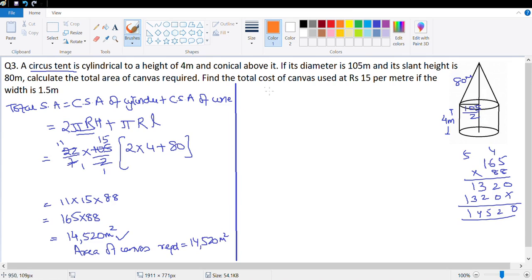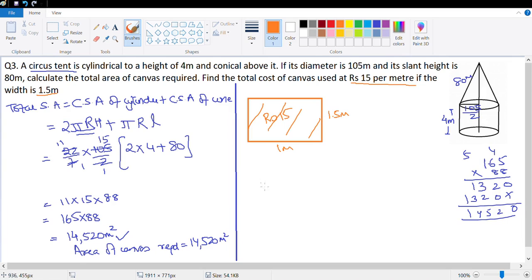Find the total cost of canvas used at rupees 15 per meter if the width is 1.5 meter. So we've been given a piece of canvas. Let's say this is the piece of canvas. The width is 1.5 meter and 1 meter of this much costs rupees 15. So we need to figure out how much length will be required.